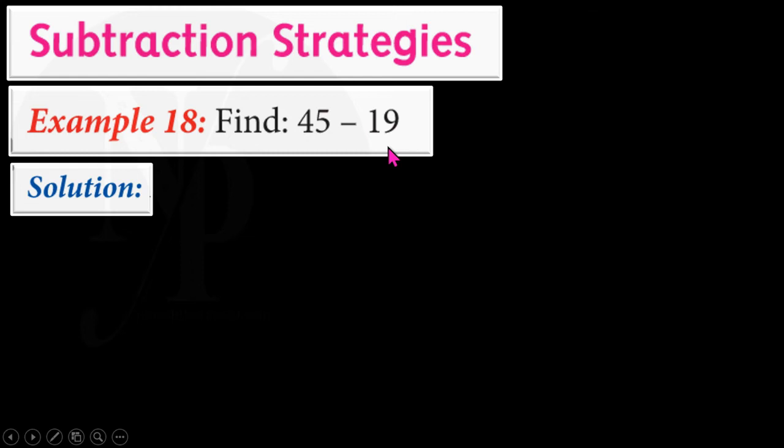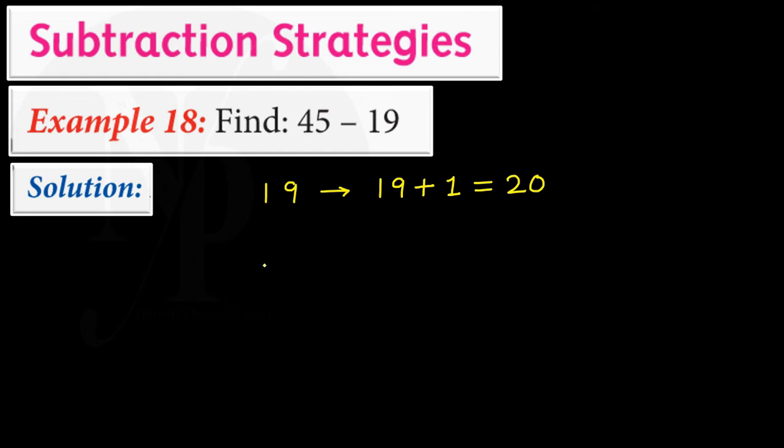So 19 is to be subtracted from 45. We change this as 19 plus 1, and it becomes 20. If we make it 20, subtraction will be easy.